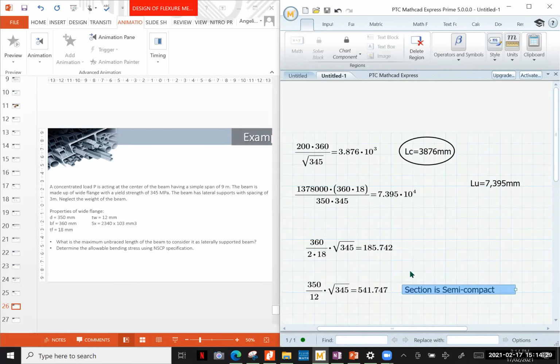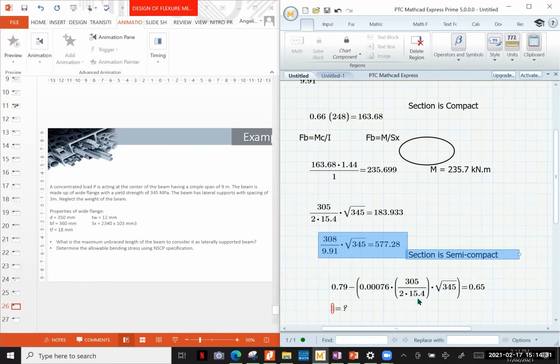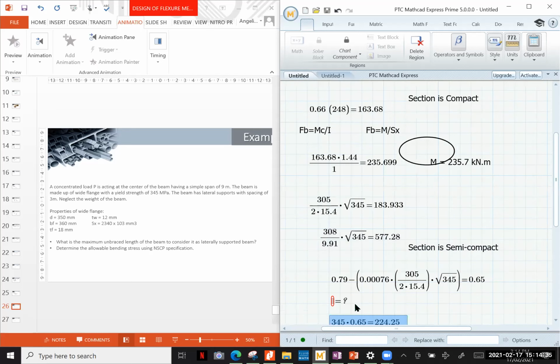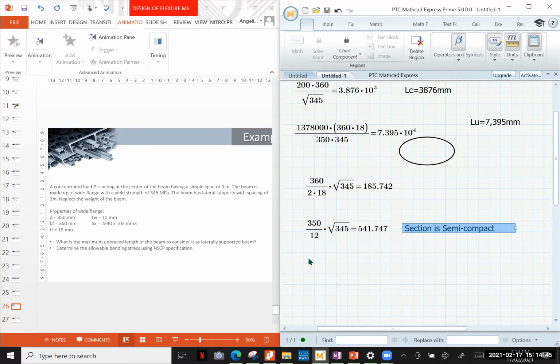Now, kapag semi-compact, ang gagamitin natin equation is ito. Semi-compact. Your FB is equal to this. Palitan lang natin ng 0.076 BF over 2TF.